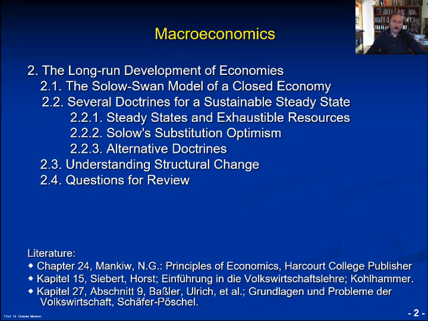In section 2.2, I will therefore present a couple of different doctrines from this economic policy debate. Finally, in section 2.3, we will discuss the reasons for the long-term structural change in the composition of GDP, which we have already observed in chapter 1 when we discussed the long-run development of GDP by the production account.